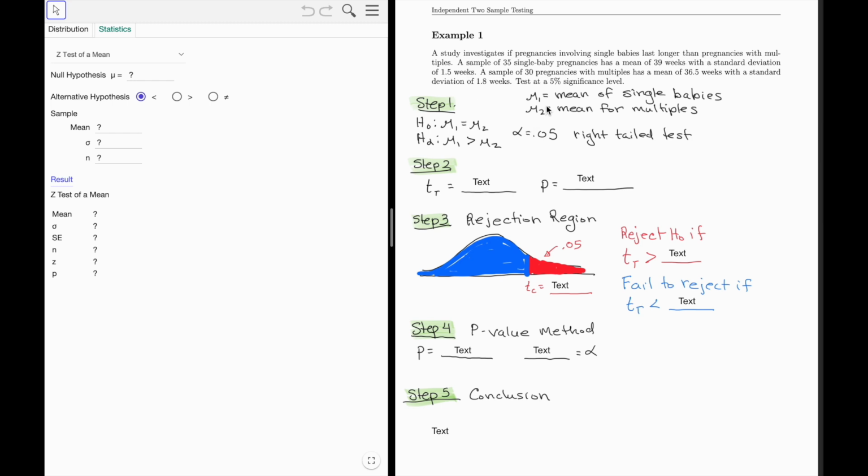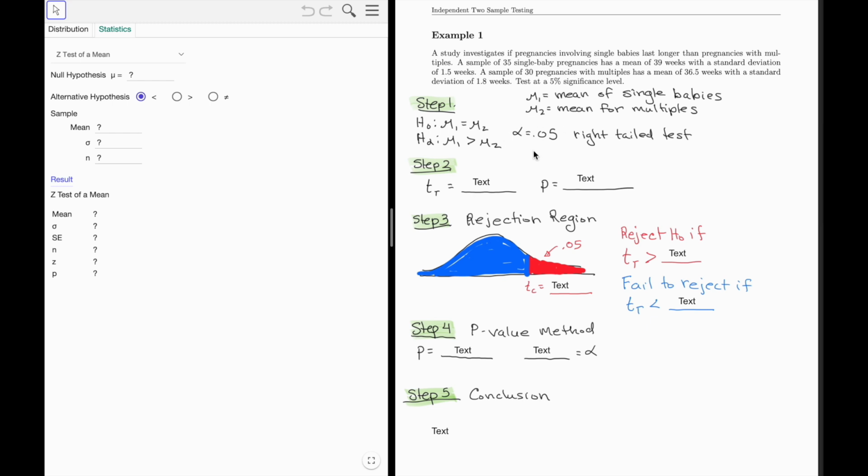So we're testing the claim that mu1 would be greater than mu2. So when I write out my hypotheses, the null hypothesis is going to be that mu1 is equal to mu2. The alternative hypothesis is going to be that mu1 is greater than mu2, keeping in mind that since mu1 is bigger, it could also be written that mu1 minus mu2 is positive, greater than 0.